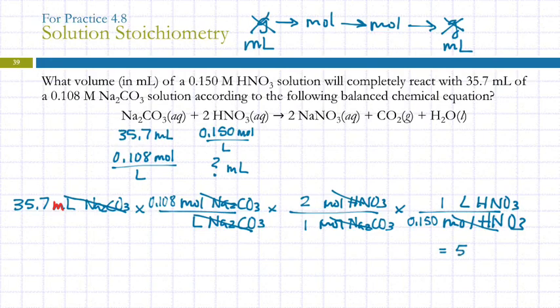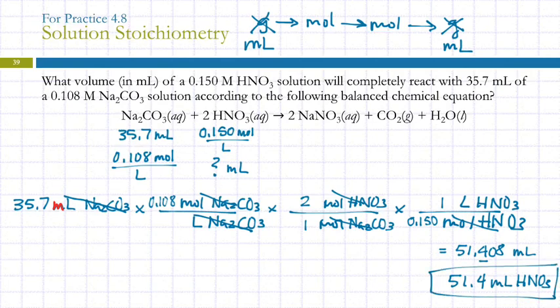So my calculator is giving me this number. I should have 3 significant figures, and the unit will be milliliters. So I'll round that for a final answer to 51.4 milliliters of nitric acid. Any questions?